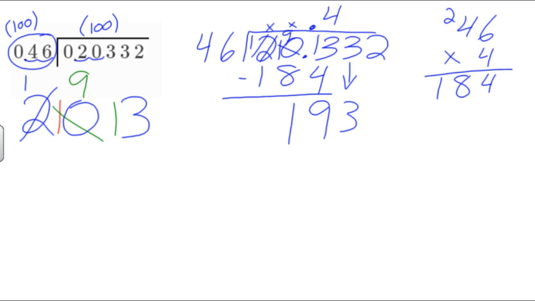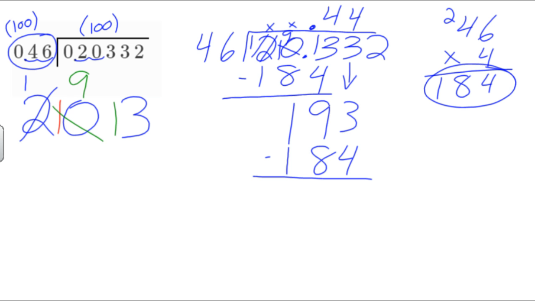And notice before I got 184 here when I multiplied by 4, so I'm going to go 4 again. 184. Again, I cannot take 4 away from 3, so I have to borrow. My 9 is going to become an 8. So 13 minus 4 is 9. 8 minus 8 is 0, and 1 minus 1 is 0, so I just have 9.